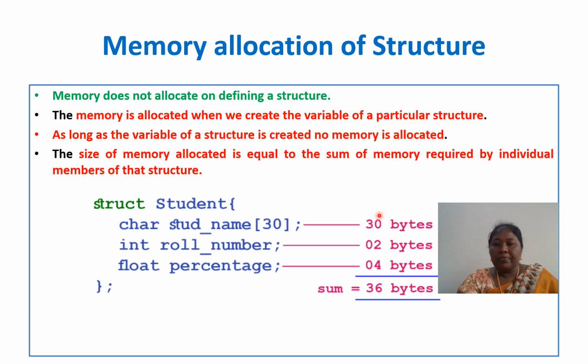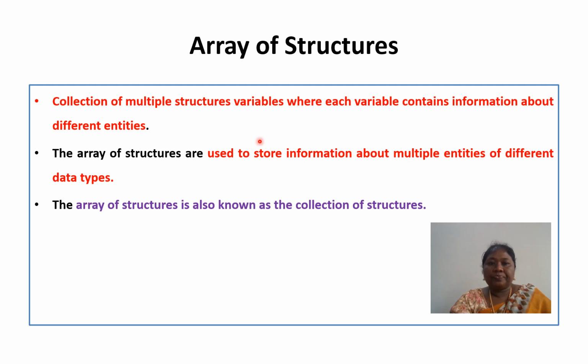This is how the memory allocation calculation is done. For each data type, you have to mention how many times it is repeated or how many characters are present, and based on that, calculate for each individual declaration. Finally, you sum them up to calculate how much memory space is allocated for this particular structure.